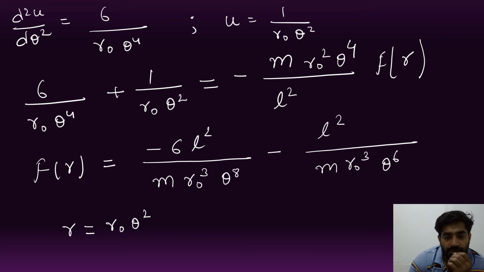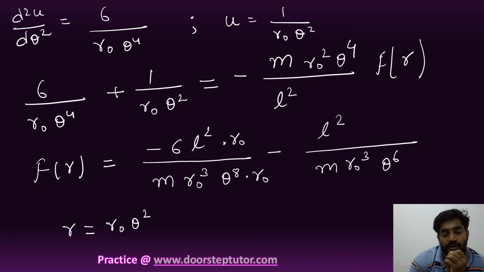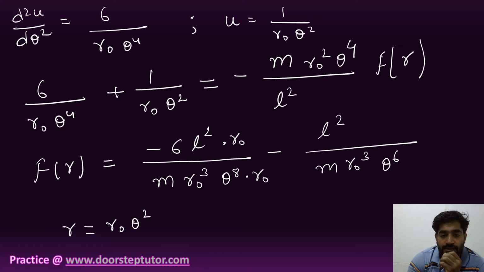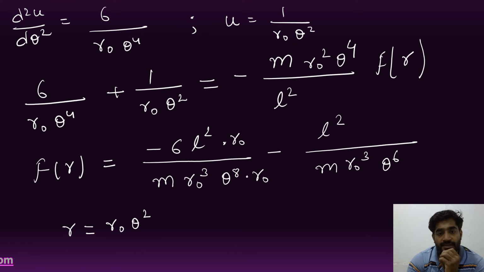Here you can see this is r naught cube. If I multiply r naught in numerator and denominator, this will become r naught to the power 4 theta 8, and the other term simply remains the same.